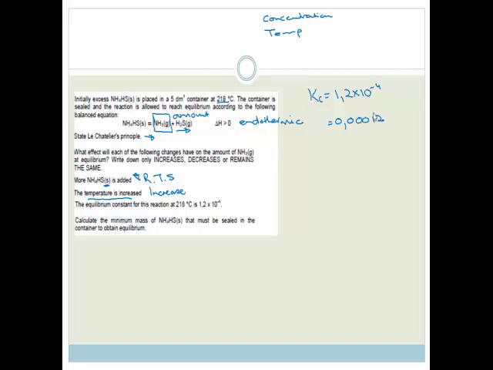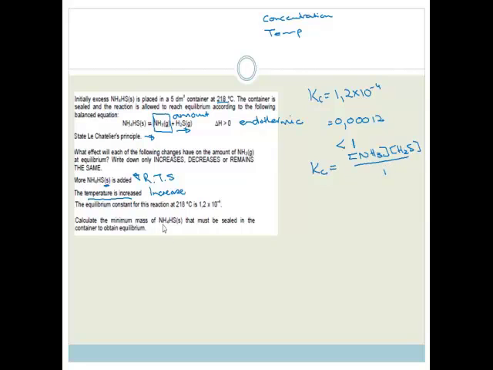Okay, so therefore it is smaller than 1. And we know that Kc is equal to the concentration of NH3 times H2S, and it's not over ammonium hydrogen sulfide, because that's a solid, so it's just over 1. So that's what your Kc is.